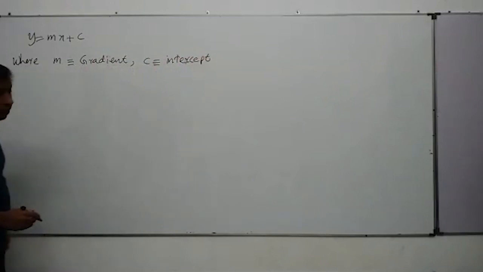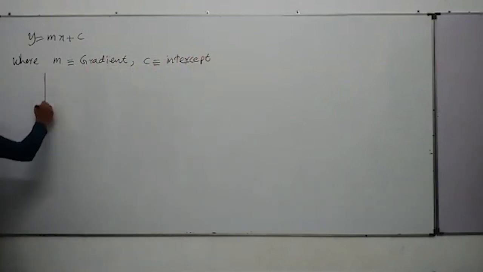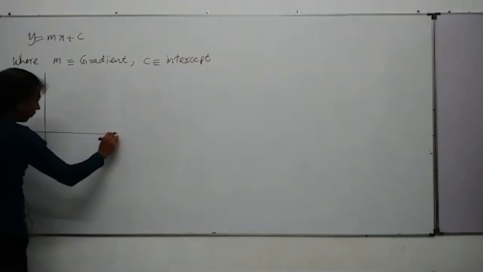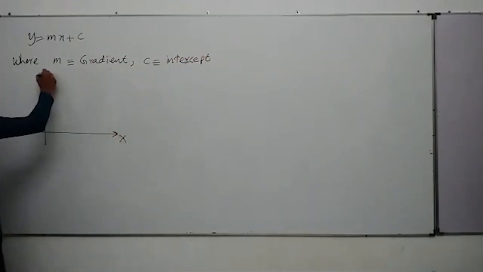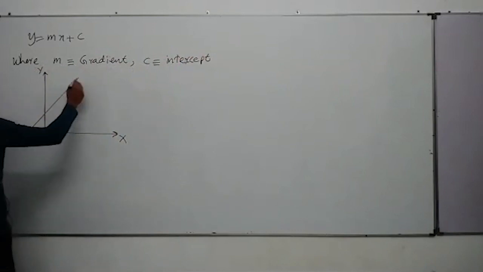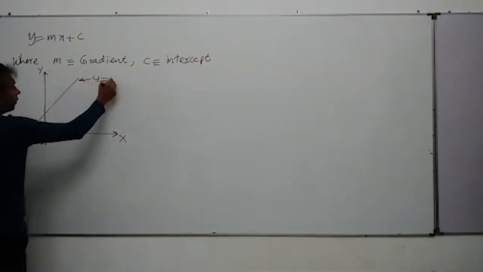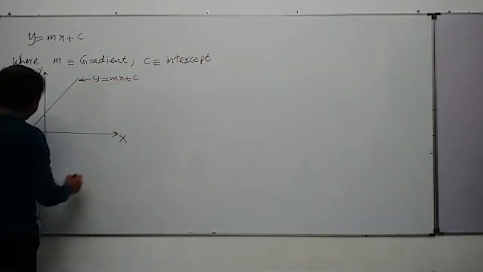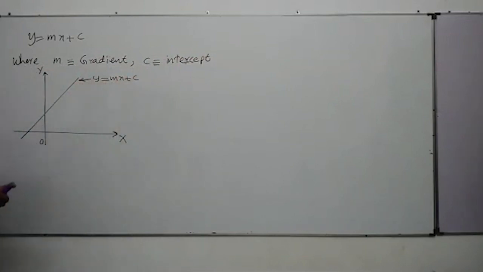We define this gradient like this. First, we'll draw a diagram like this. x, y, this is the origin. This is a line with the equation y equals mx plus c. Suppose this angle here is theta.